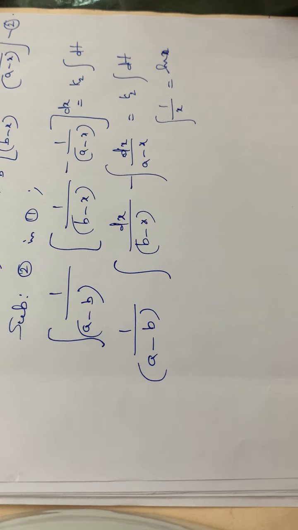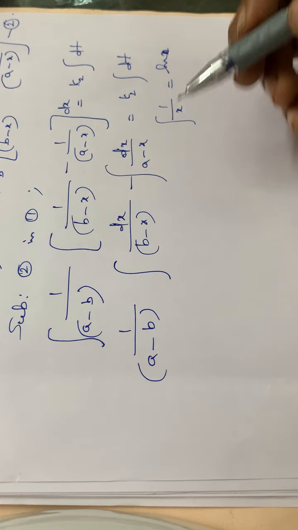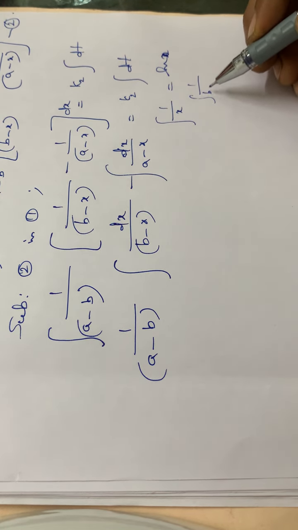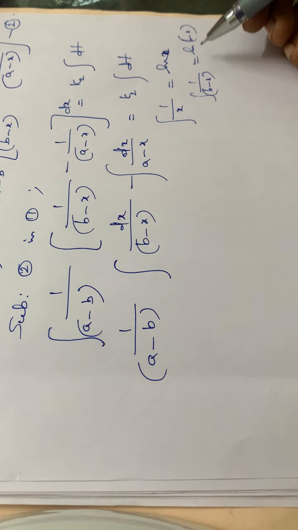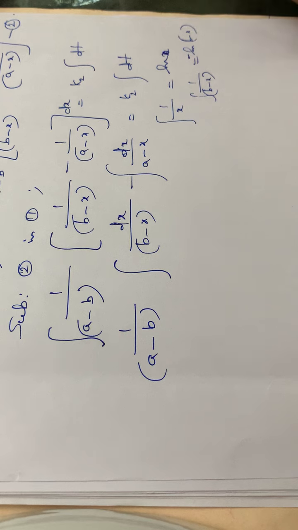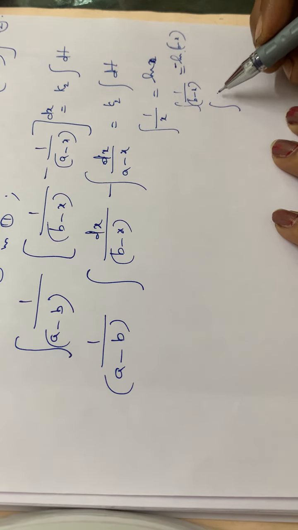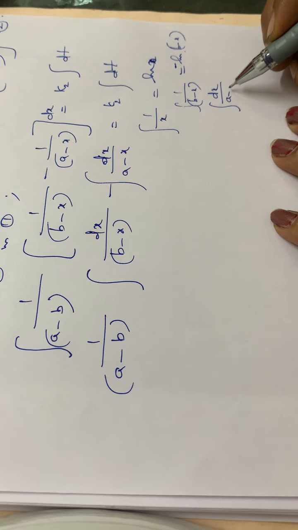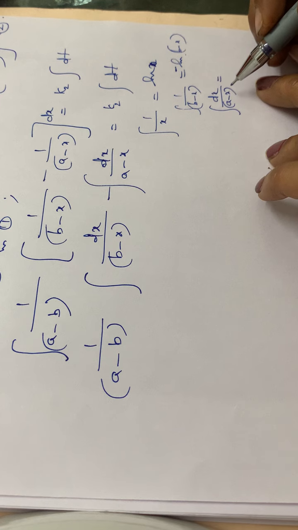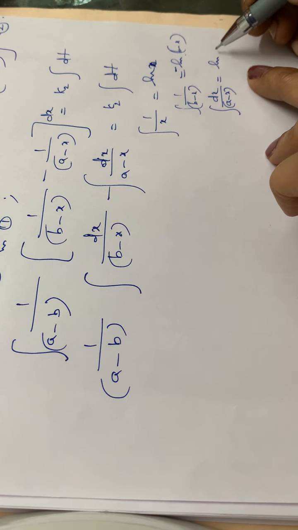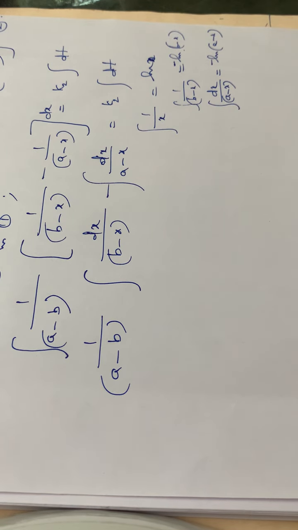Here, instead of x, B minus X is there, so the integral of 1 by B minus X dx is equal to ln of B minus X, and since the minus sign is present, it is minus ln B minus X. Similarly, the integral of dx divided by A minus X is ln of A minus X into minus 1, so minus ln A minus X.